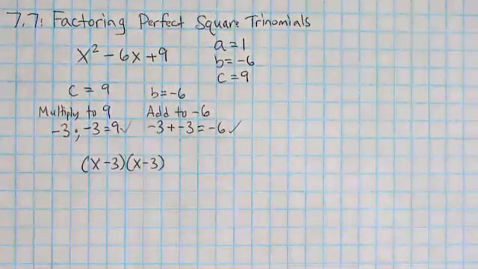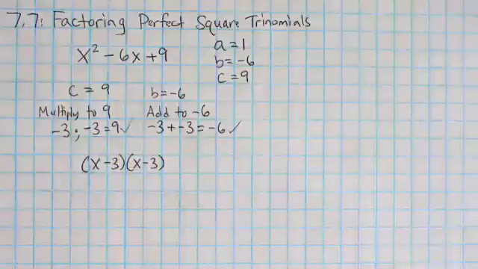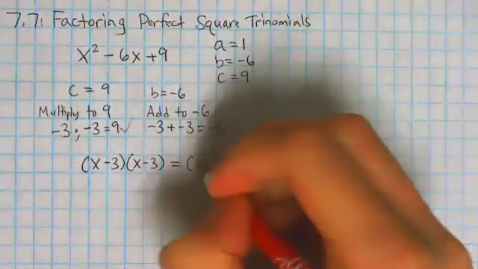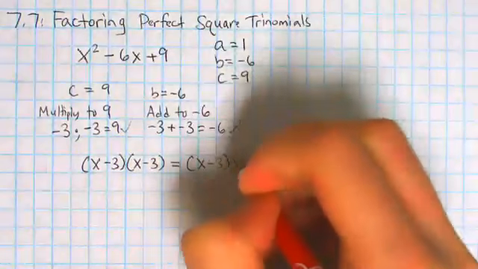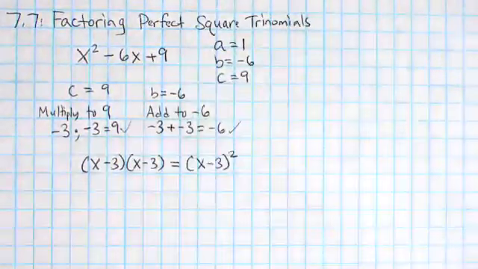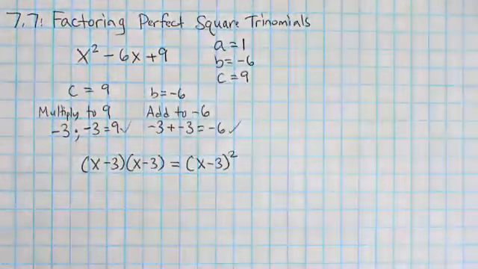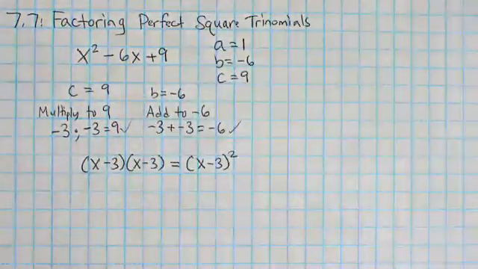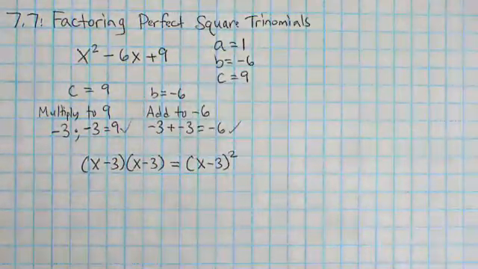And what I want to emphasize here is that we can rewrite this as x minus 3 squared. Remember when we had x times x, that was x squared, or 3 times 3, even though that equals 9, you could write it as 3 squared. We can actually do the same thing here.